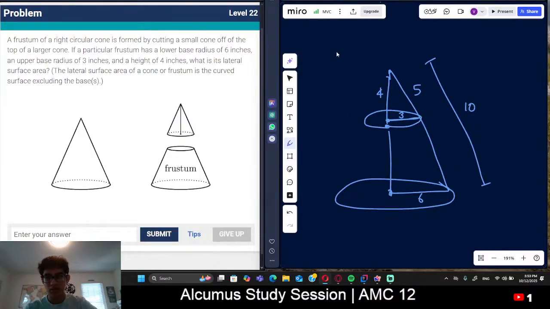Sorry, it's going to be 25 pi times 3/5, I think. And then what's this one going to be? Well, this one should just be 4 times as much, right? Because everything is scaled up by 2, so it should be 3 times this amount, which will give us 15 pi times 3, 45 pi, I believe.